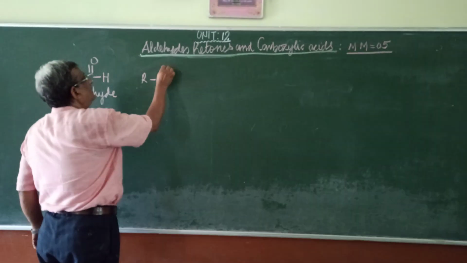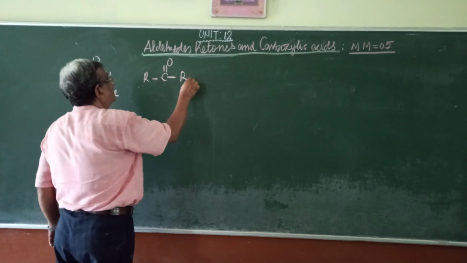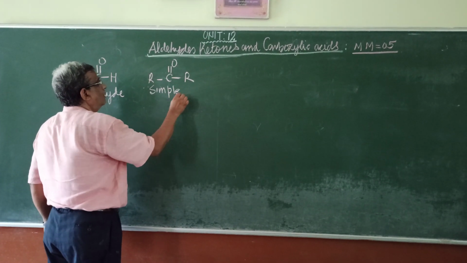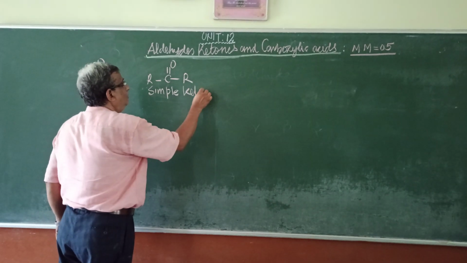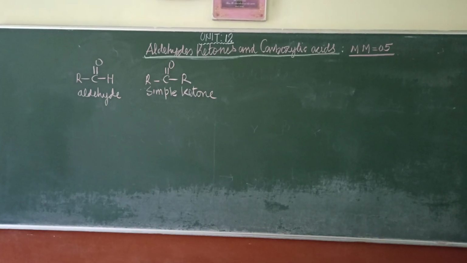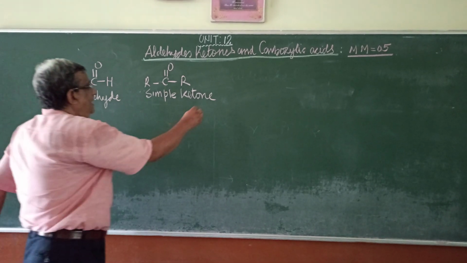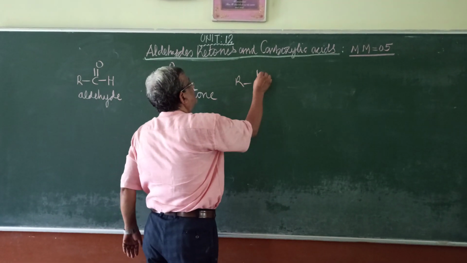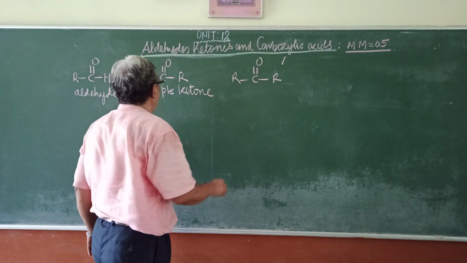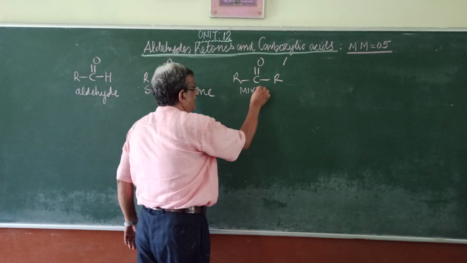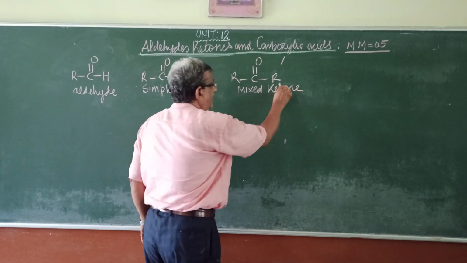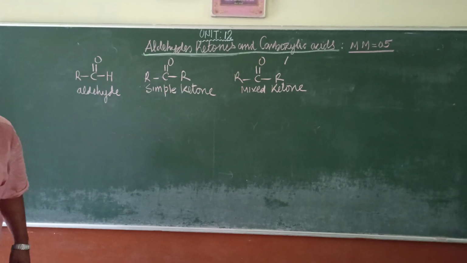R C double bond O R is called simple ketone, or I can say symmetrical ketone. And if I write like this, it is called unsymmetrical ketone, or I can write it as a mixed ketone.